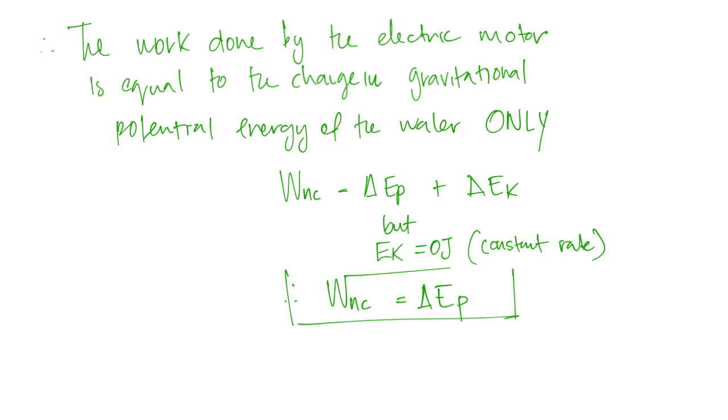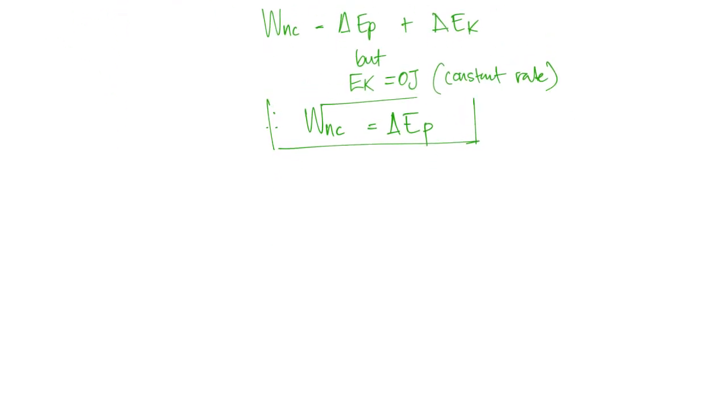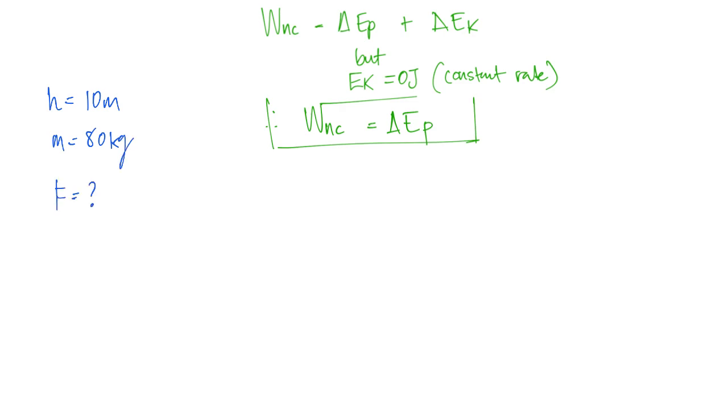So if I look at this question that we're dealing with now, let's just see what information we have and how it's going to play out. I've got a height here of 10 meters. I've got a mass of 80 kilograms. That's my water. I don't have a force of friction.